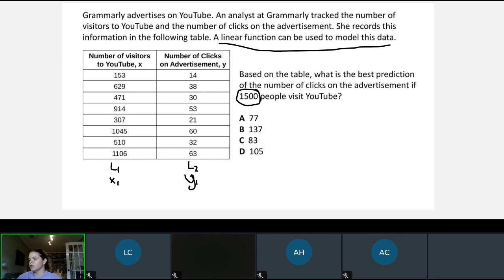So for your equation, you should get 0.05x plus 5.5. Okay. Anya, make sure you did 0.05, not 0.5.